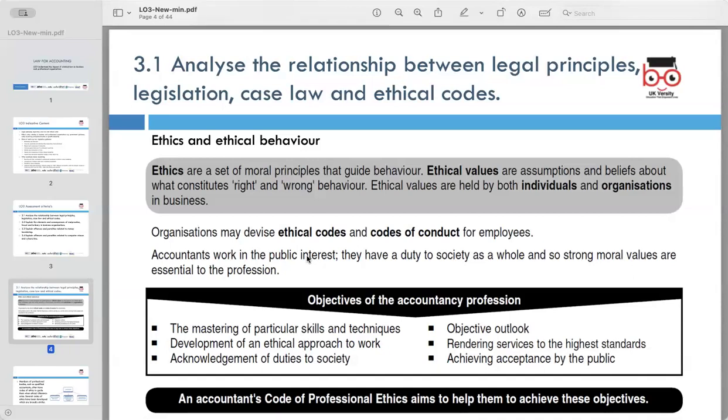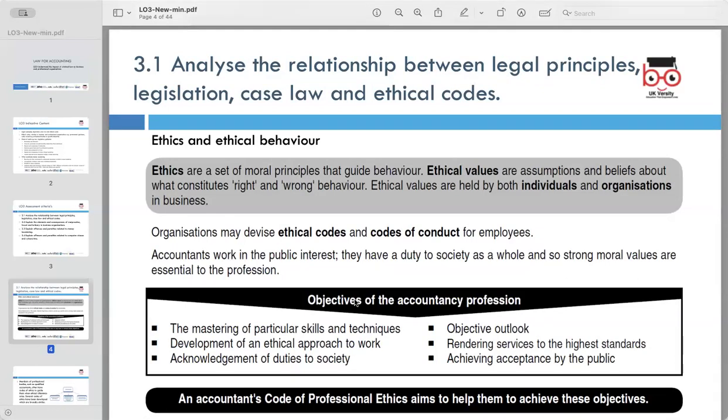The objectives of the accountancy profession underscore the importance of ethical conduct, mastery of technical skills, development of an ethical approach to work, acknowledgement of duties to society, and maintaining an objective outlook.